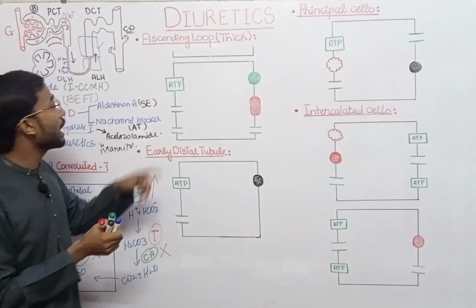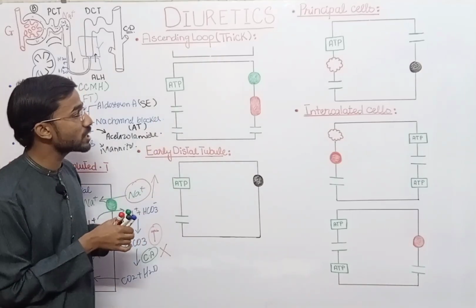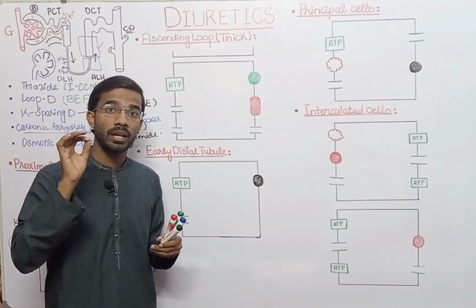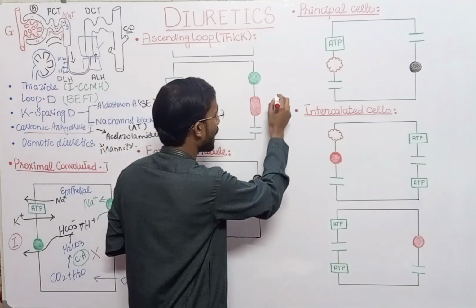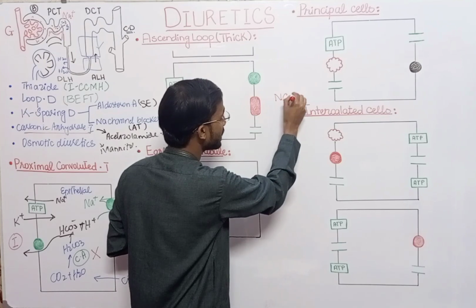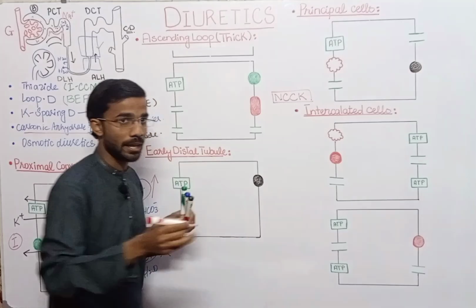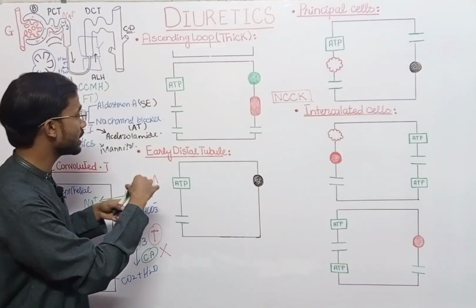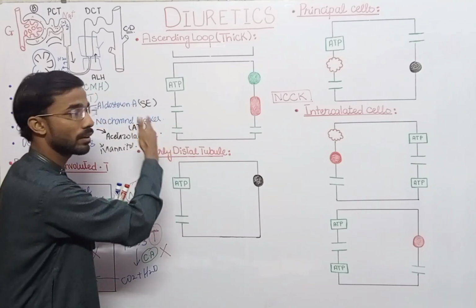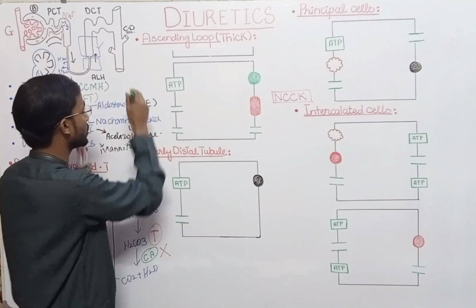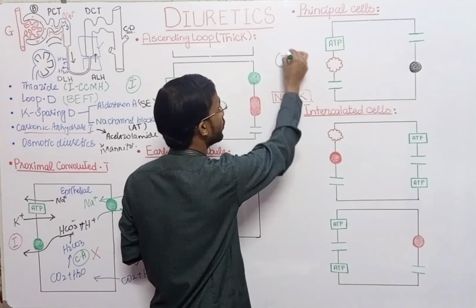So first, you will see that the ascending loop has a thick component. In that situation, you will see an important transporter, which is called NKCC. You will remember it by the name NKCC. In this whole lecture, the left side will be the interstitial space, and this is the tubular lumen.